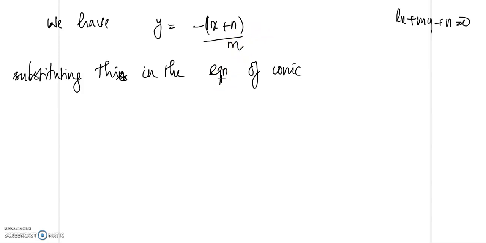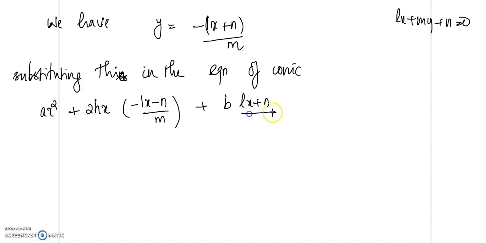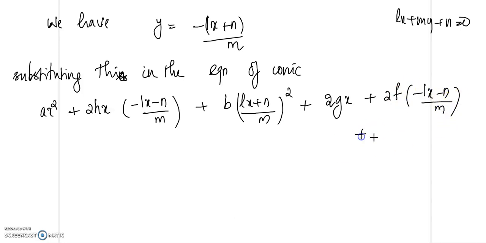Upon substituting this in the equation of the conic, we will have ax square plus 2h x into minus (lx plus n) by m plus b times (lx plus n) whole square by m square plus 2g x plus 2f into minus (lx plus n) by m plus c equal to 0.